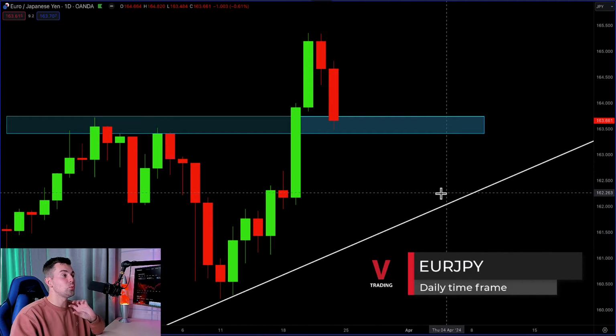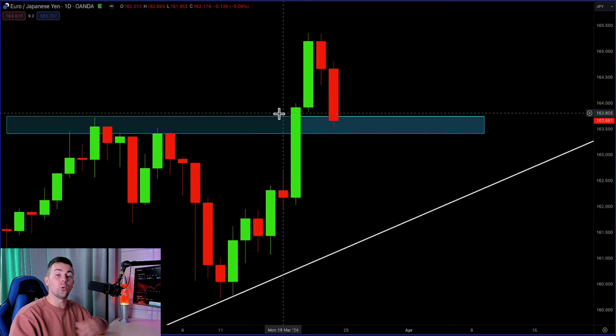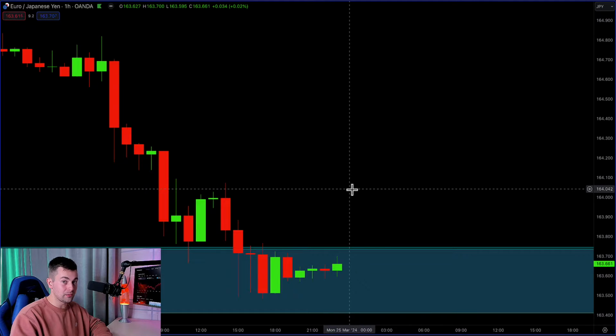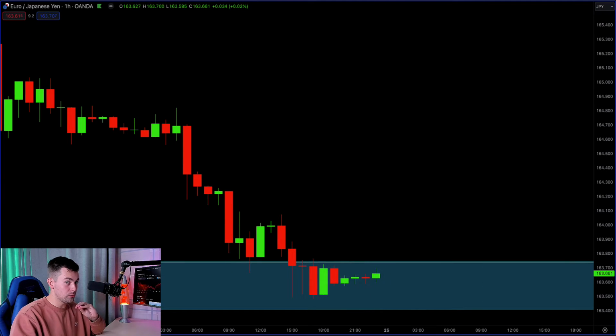The third time frame that we will analyze is the hourly time frame. On the hourly time frame, we will look for a confirmation signal. Let's investigate what happened with the Euro-Yen pair after a test of that daily support on the hourly time frame. Opening the hourly time frame, we should analyze the price action and candlesticks. And here we have multiple very peculiar clues.